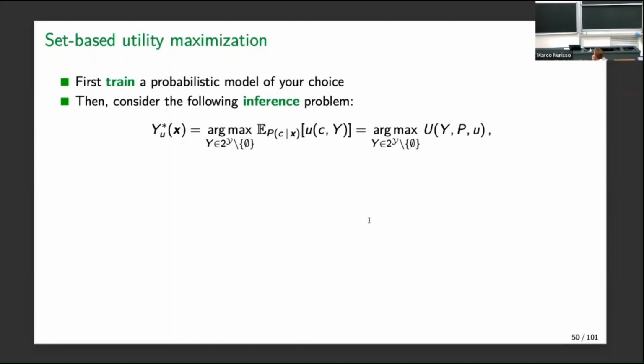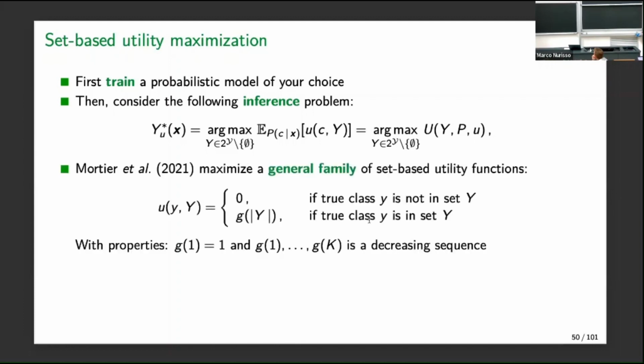So what are the typical properties that such a utility function needs to have? What we minimally assume is that if the true label is not in the predicted set, then you should return a utility of 0. You didn't predict the true label in your set, so you should not get any reward for that.